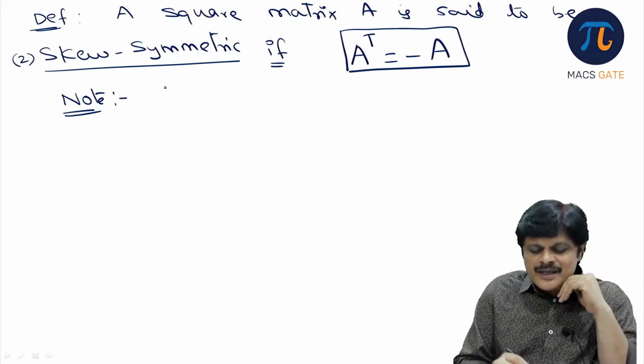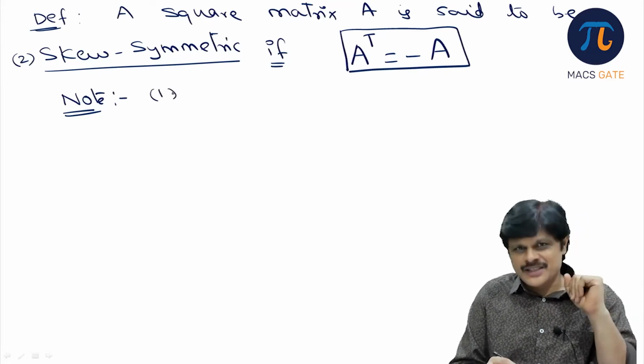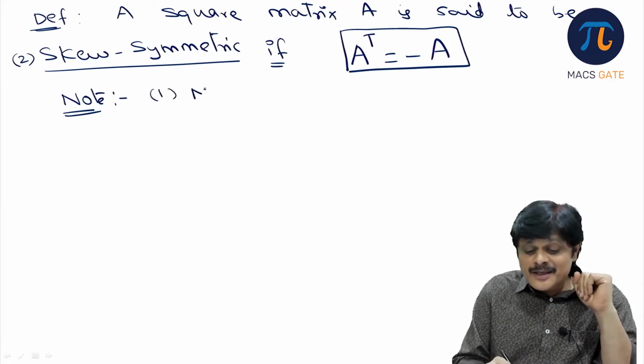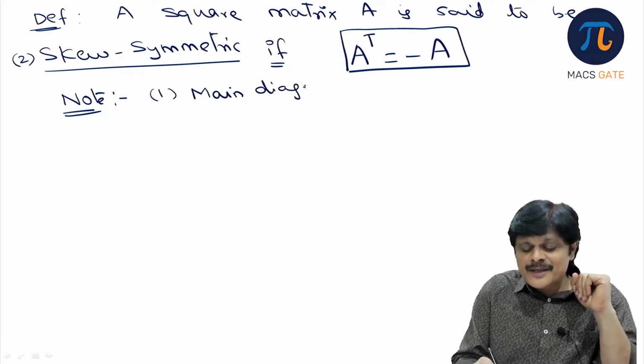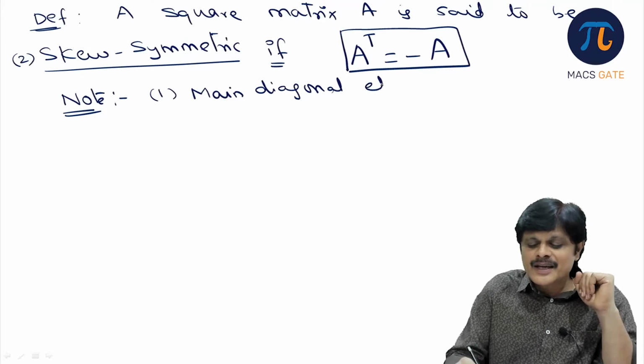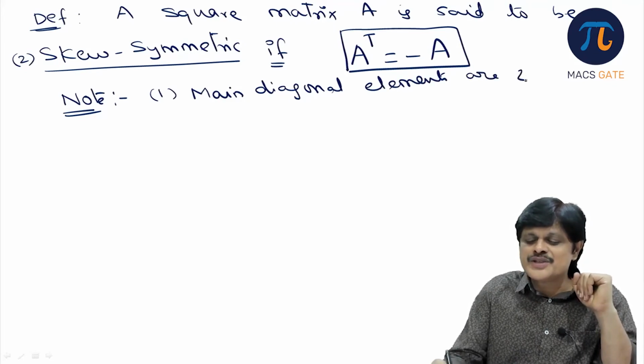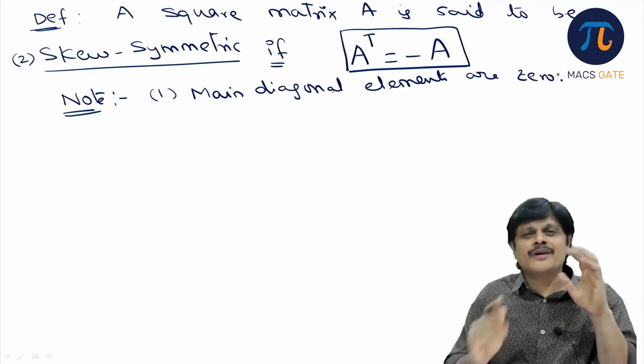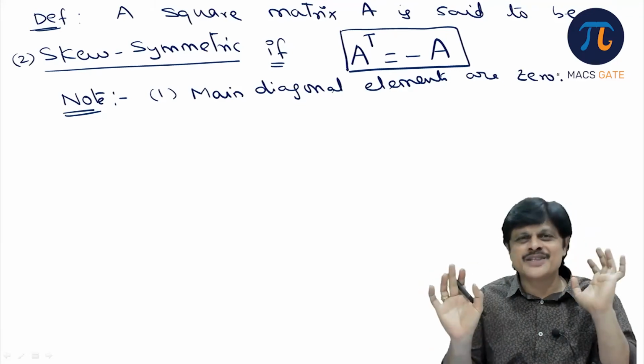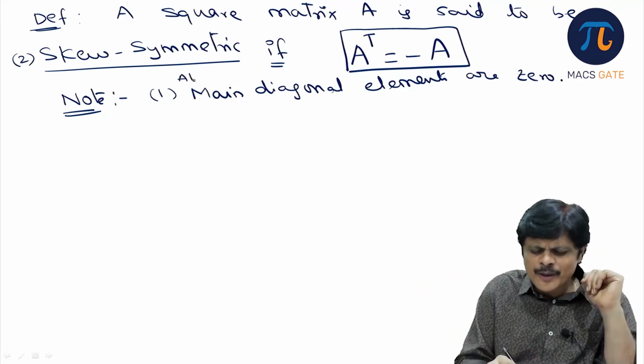Okay. Now skew symmetric means two conditions. First condition is the main diagonal elements are 0. All the main diagonal elements are 0. You can just say all main diagonals.